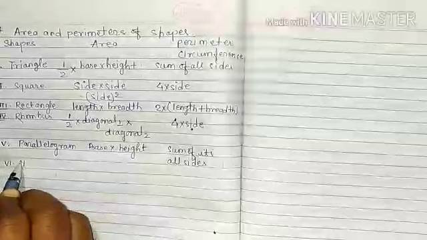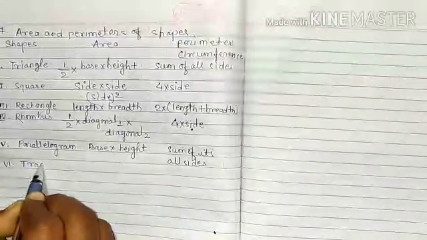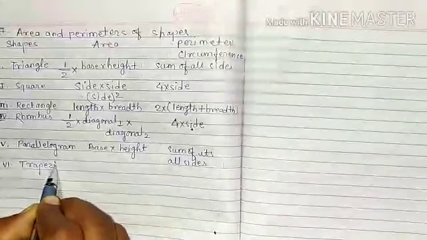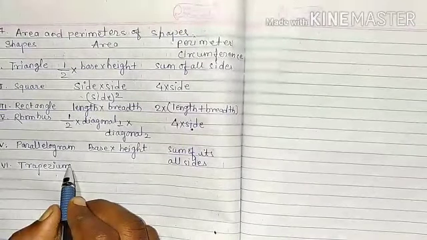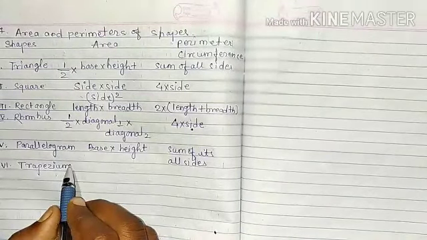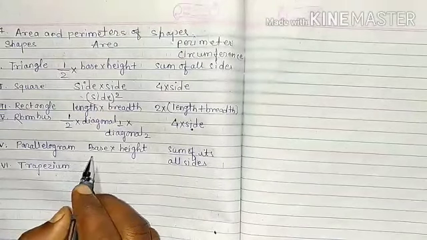Sixth, trapezium. In a trapezium, one pair of opposite sides are parallel and another pair of opposite sides are not parallel, having base and perpendicular distance between two parallel lines.